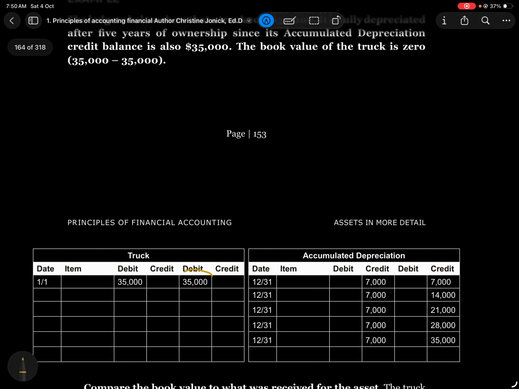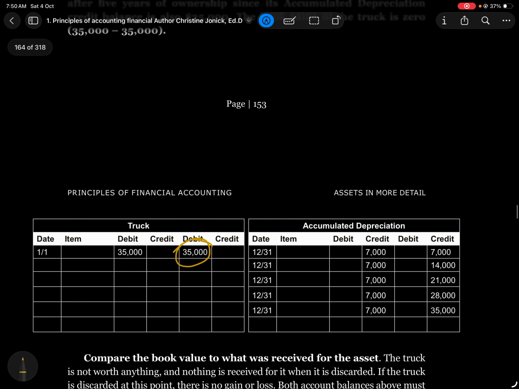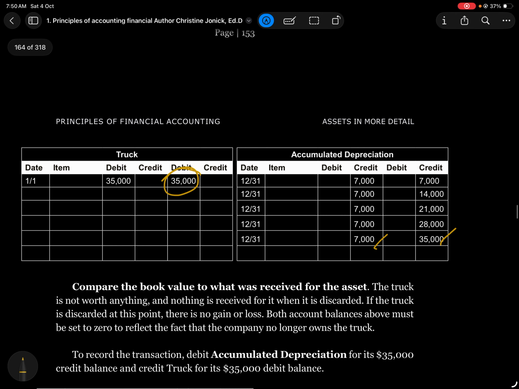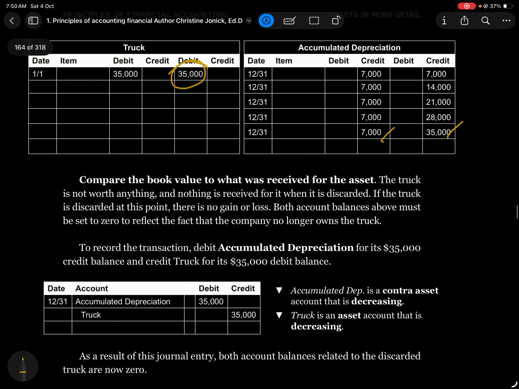So let's see the example over here. We've got this truck, 35,000 that we've purchased. We've got this depreciation, right? So as we can see, the truck is not worth anything, right? The truck is not worth anything. So when we are discarding it now, what we would do is debit accumulated depreciation, credit truck.